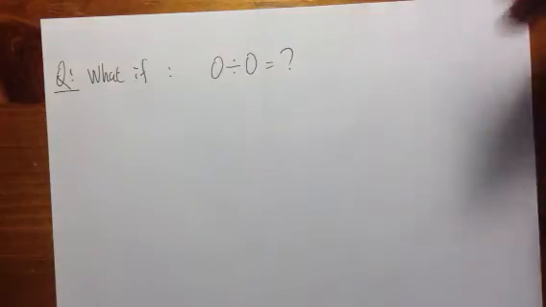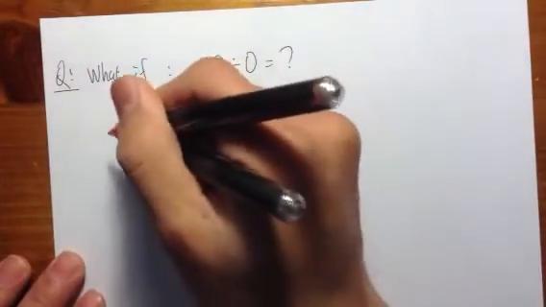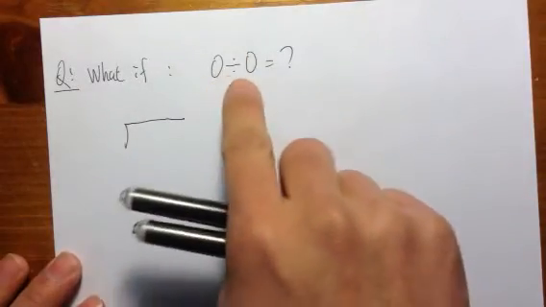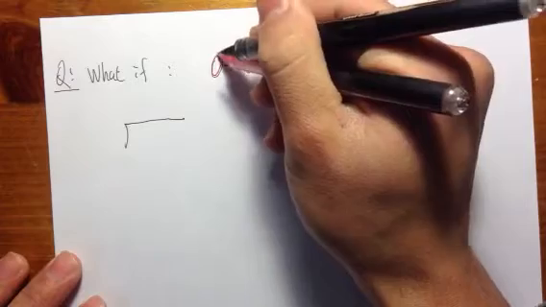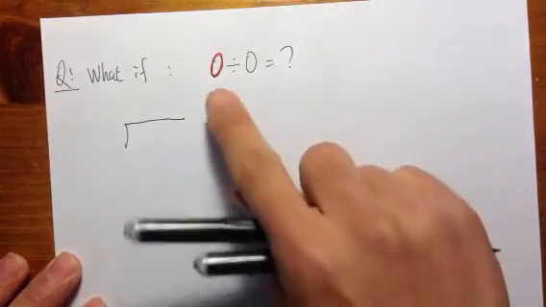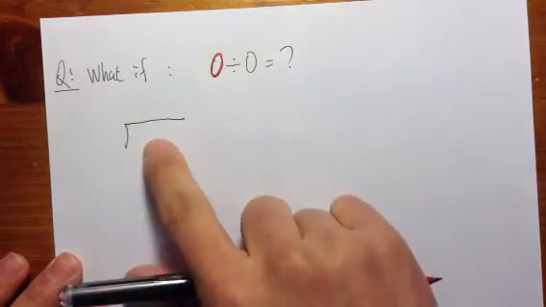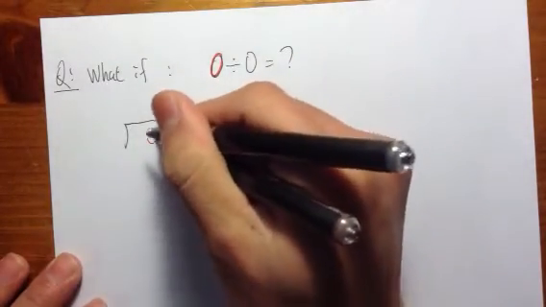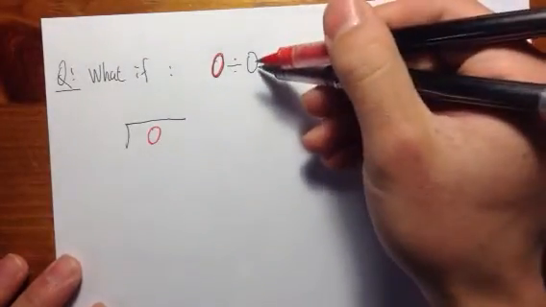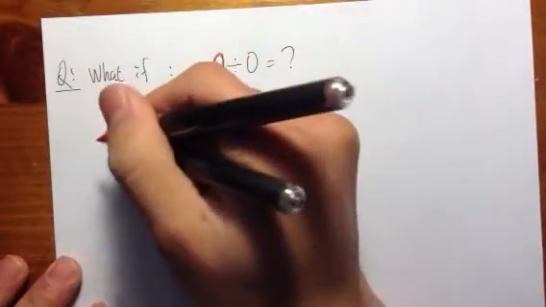So this is my question. I have 0 divided by 0, and again the first number goes inside. I'm going to make this first 0 red. This number goes inside because it's the first number. The second 0, the 0 in black, goes outside.